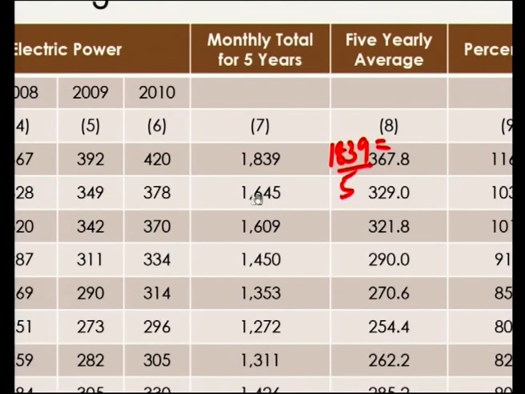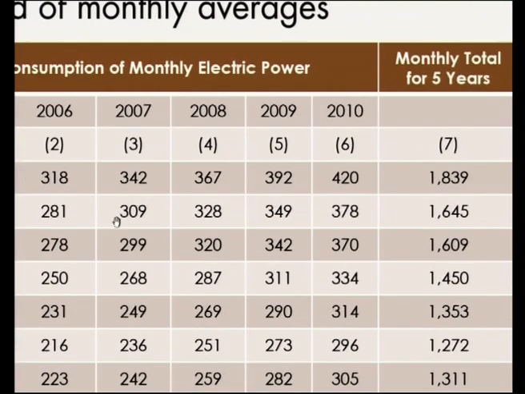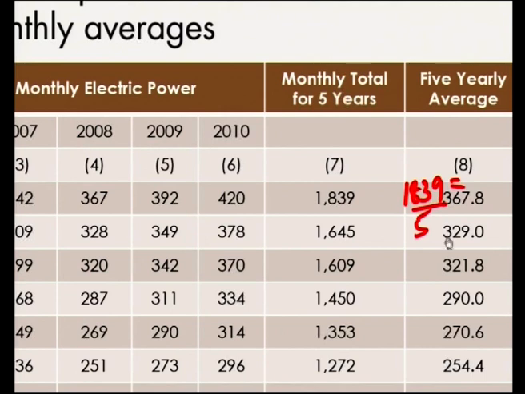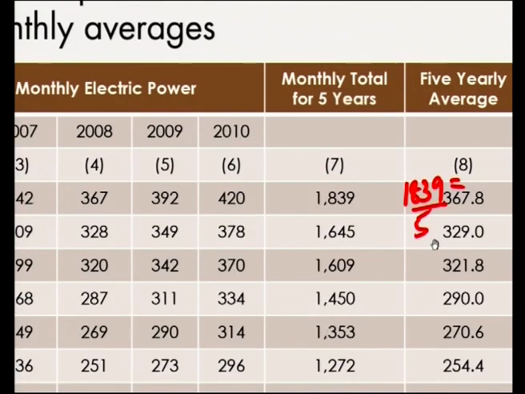Likewise, for the month of February, 1645 is obtained by adding 281 plus 309 plus 328 plus 349 plus 378, and this value 329 is obtained by dividing this 5 yearly total by 5. That is, 1645 is obtained by adding 5 values, so divided by 5 you get 329.